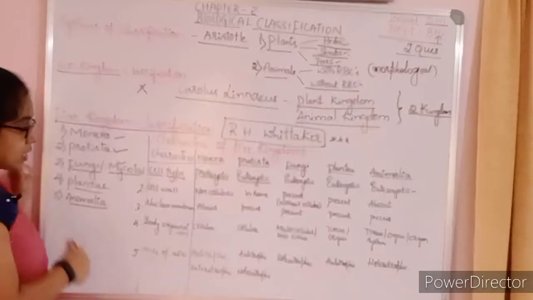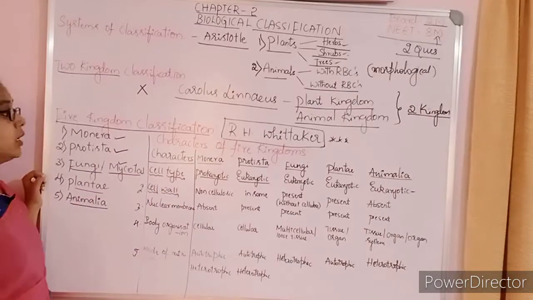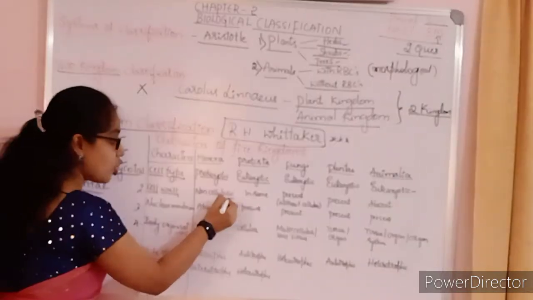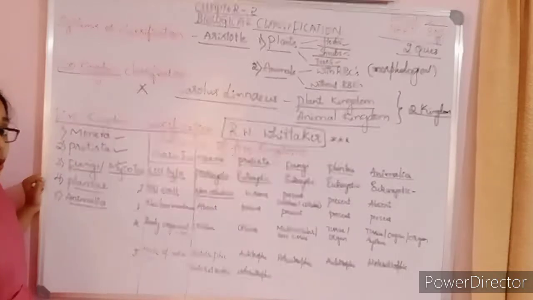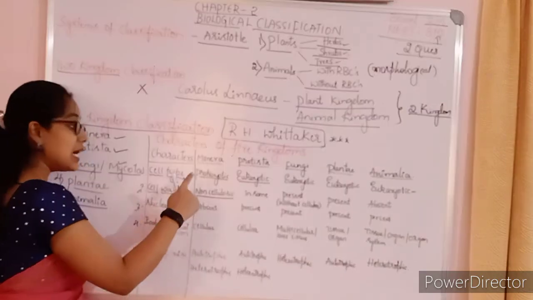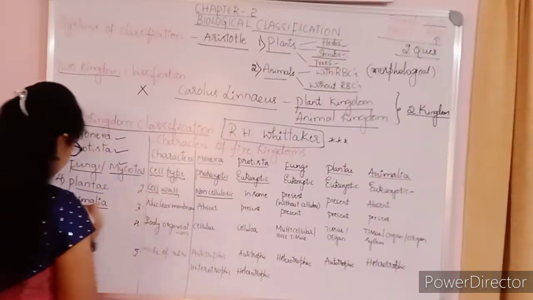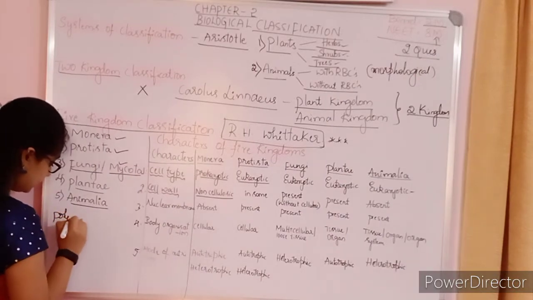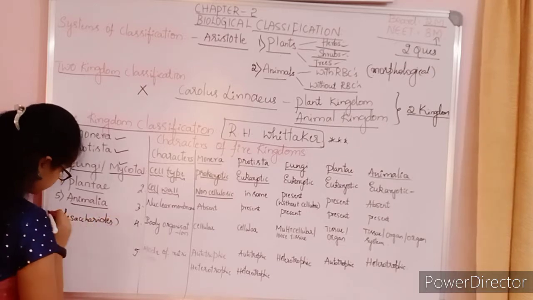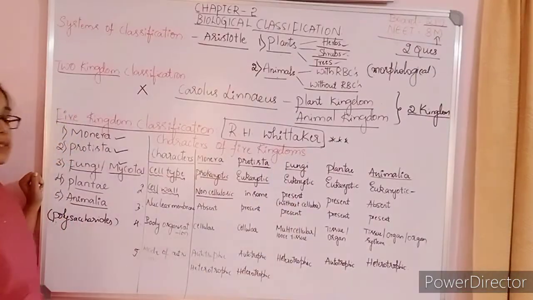Clear? Yes. Next character is the cell wall. See here, in Monera, they have a cell wall, but it is not made up of cellulose. Instead, the cell wall of kingdom Monera is made up of polysaccharides. Okay, so I'll write here polysaccharides. Okay, coming to kingdom Protista.